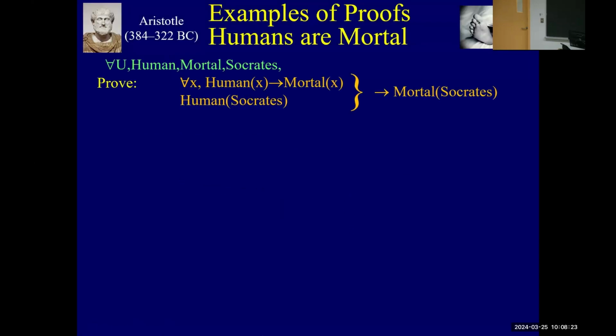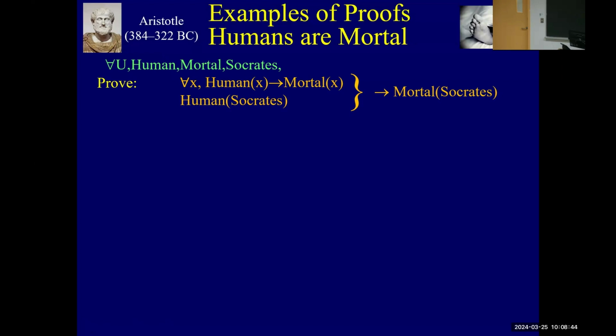All right, so here is our statement. What is our oracle assuring us? She's assuring us that if you give me any object in the universe, it could be a banana, doesn't matter, if that object is human, then that object is mortal, right?